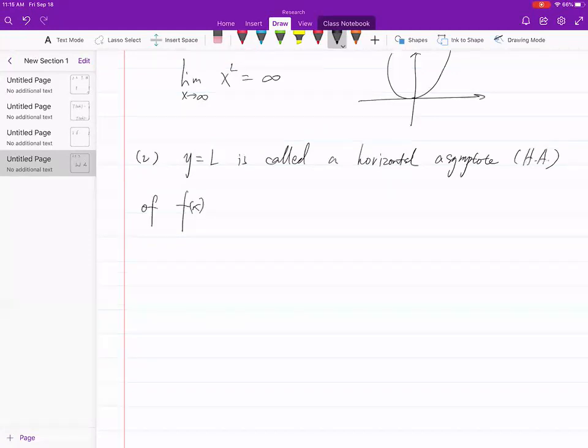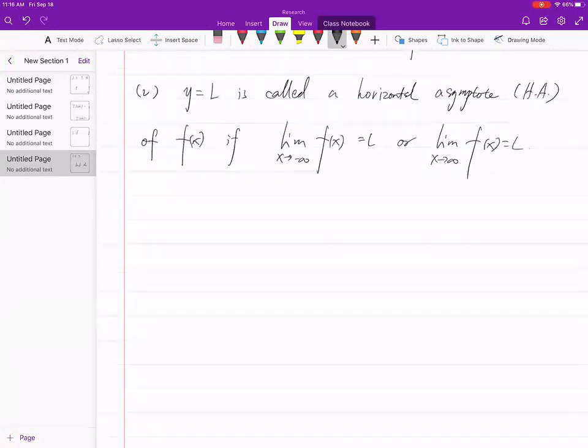The limit of f(x) as x goes to infinity or negative infinity: usually you should have infinity. But if you have a number, which is 2, then it becomes your horizontal asymptote. Okay.